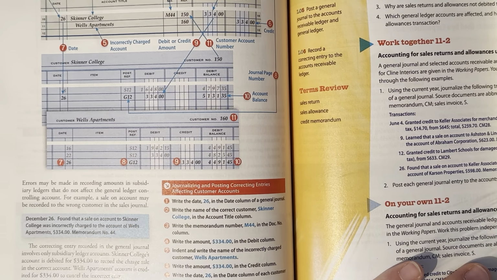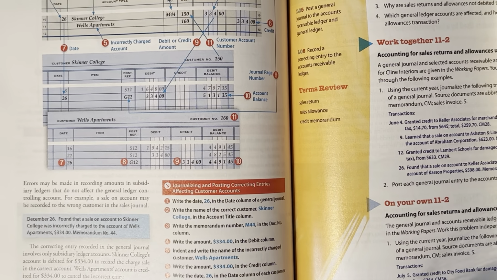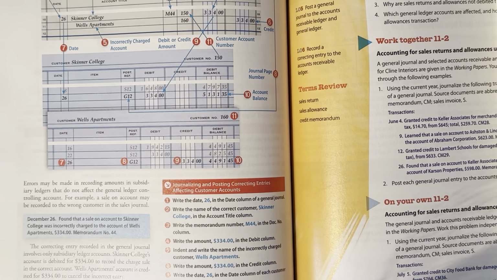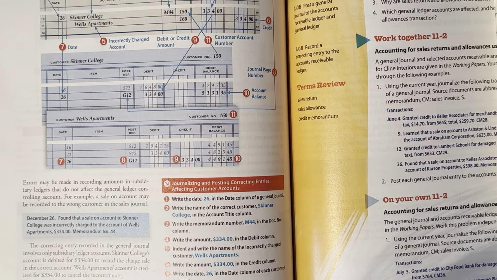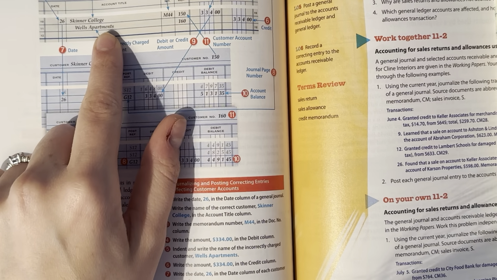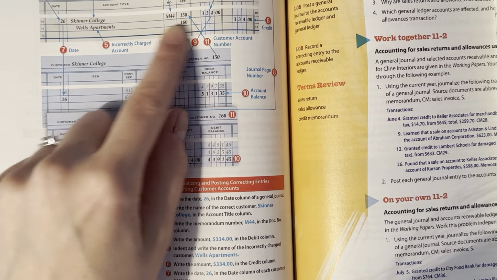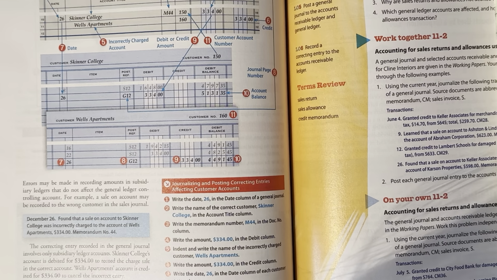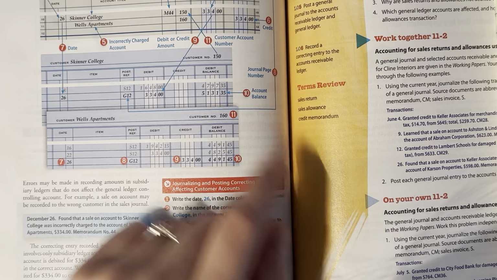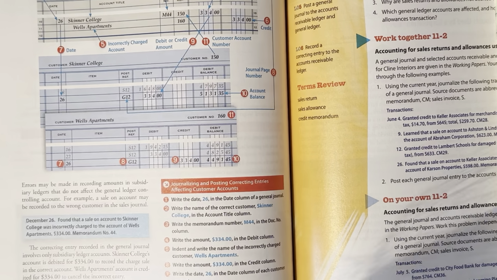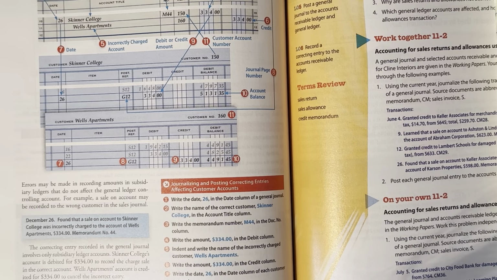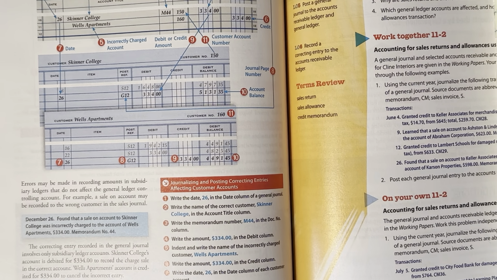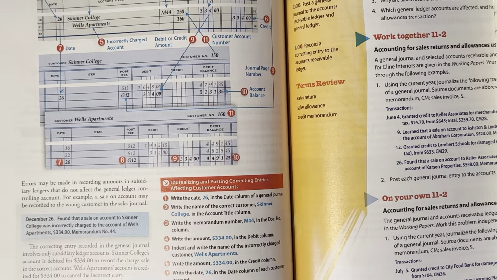That's just in case we find an error. You would do the opposite of what it's asking: we need to get it out of Wells Apartments and put it into Skinner College, because accounts receivable's normal balance is a debit. Okay, so tune back into 11.2, work together problem.